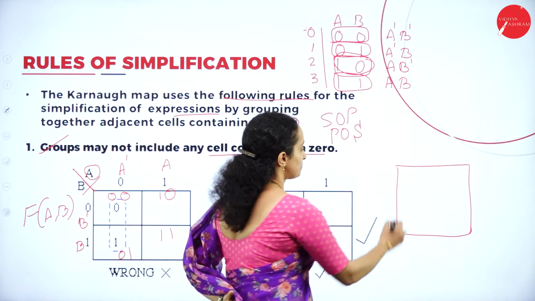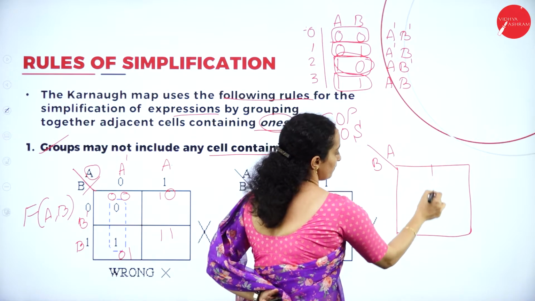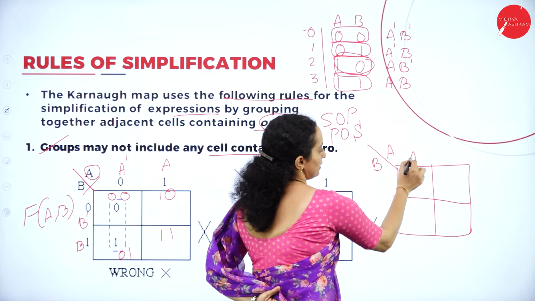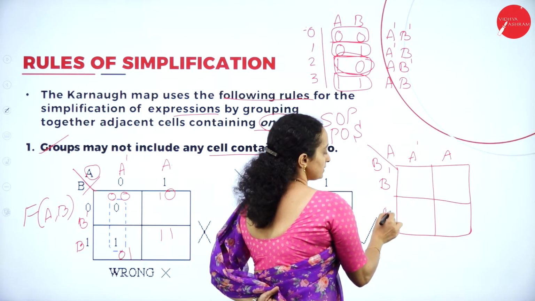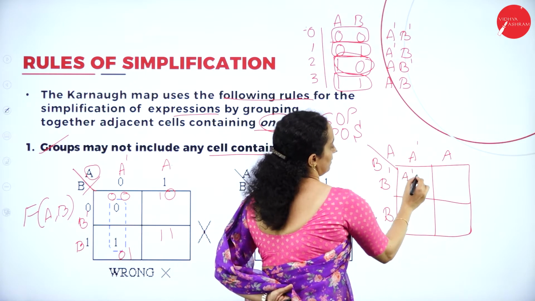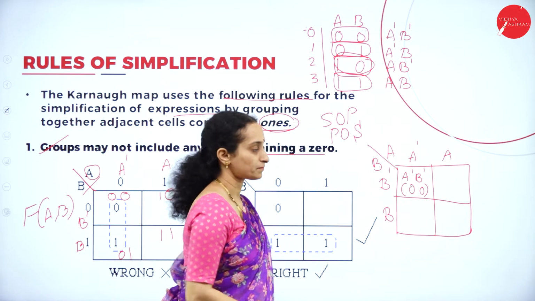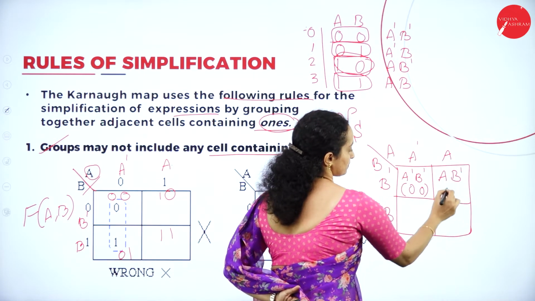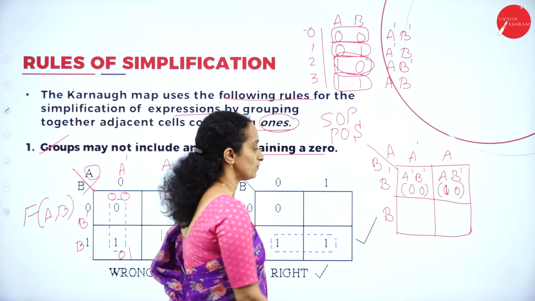If you have this map, you can represent it as A, B. You can represent it like this: A dash, A, B dash, B. So it will be A dash into B dash, or 0, 0. This will be A into B dash, 1, 1 and 0.